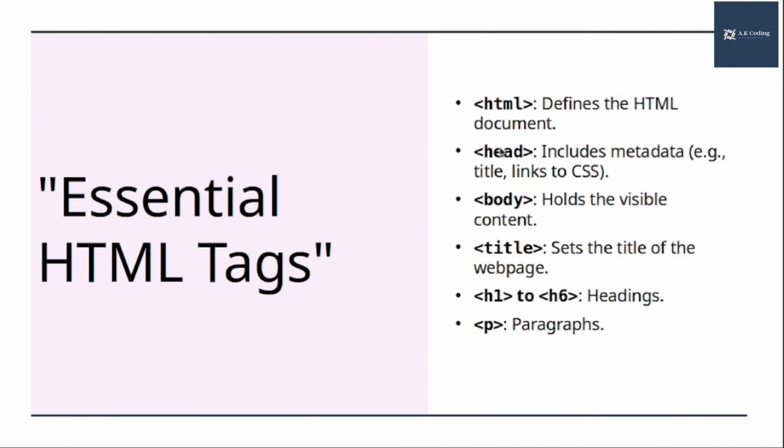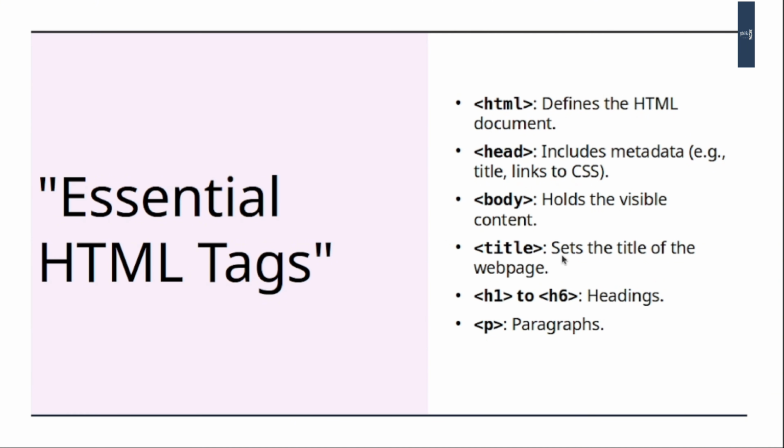The second one is our head tag, which includes metadata and titles, links to CSS, and so on. And our body tag holds the visible content. This content, in order to be displayed, we have to write our code inside of our body.